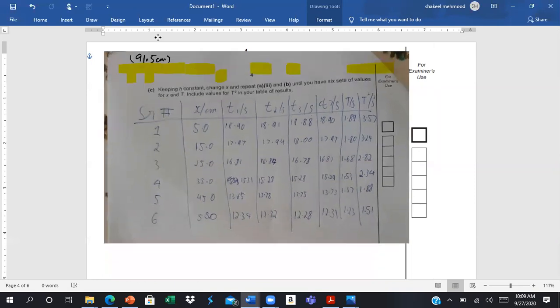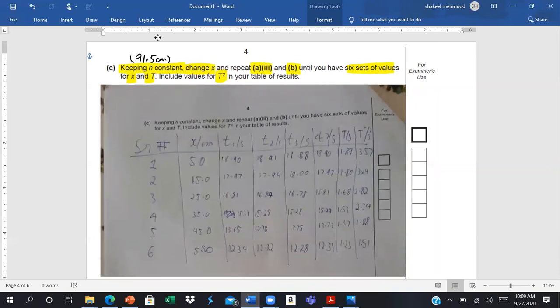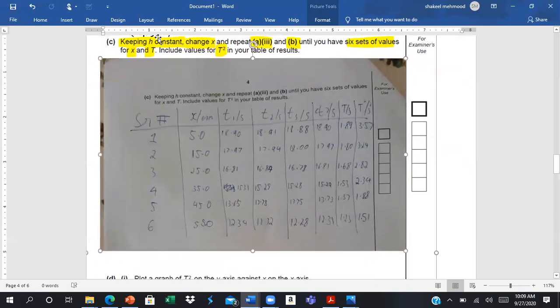So look, I have shared a table from someone. Let's say the first column is the serial number: 1, 2, 3, 4, 5, 6 readings. The second one is the quantity, which is the independent variable x, along with its unit. The next one is the time period. You can just mention at the top that the number of oscillations is 10 for these.